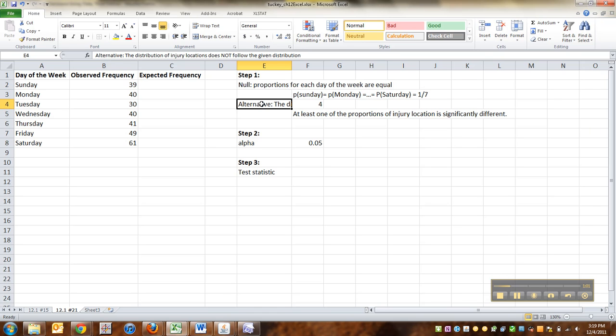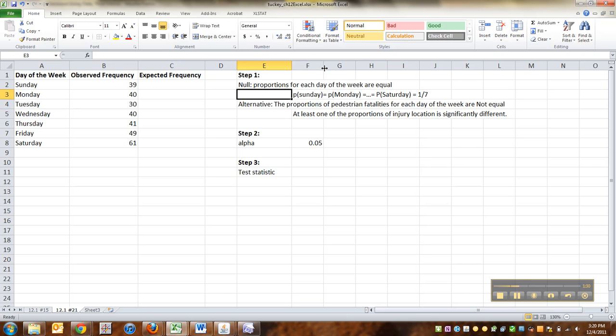The alternative to that is that at least one of the proportions of pedestrian fatalities for each day of the week is not equal. At least one of the proportions is different.